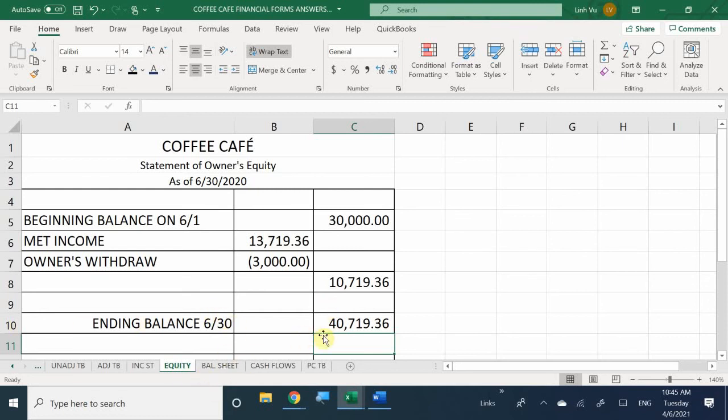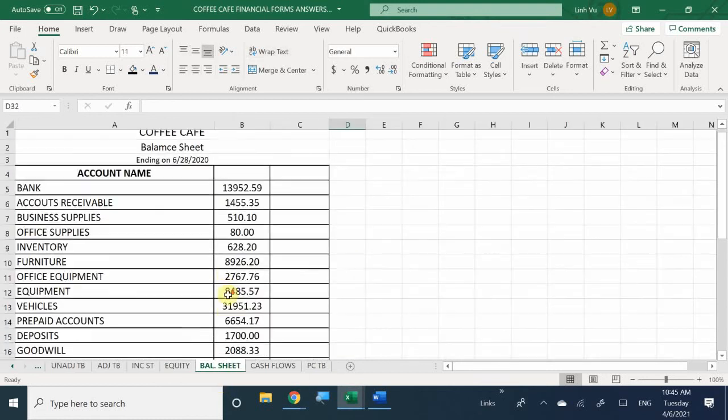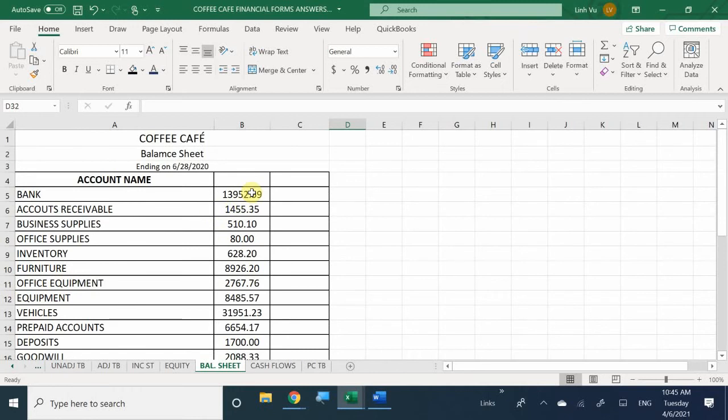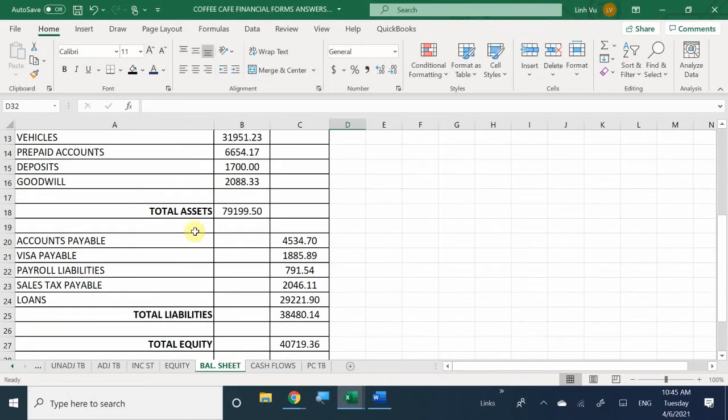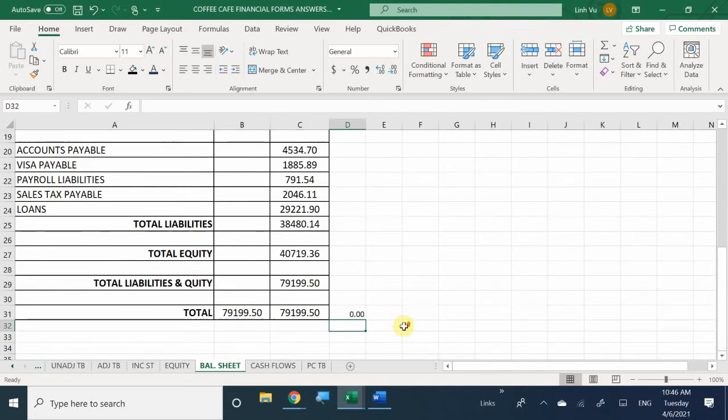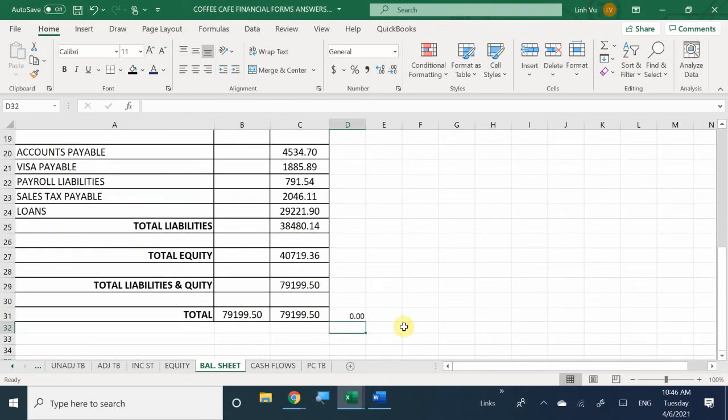Then once we solved for our equity, we plugged it into our balance sheet, where we listed out all of our assets and made them equal to our total liabilities plus our new equity. So here we are done, because we solved for the accounting equation.